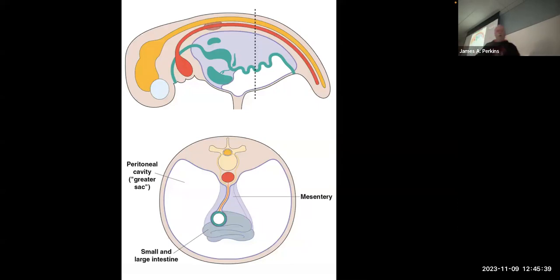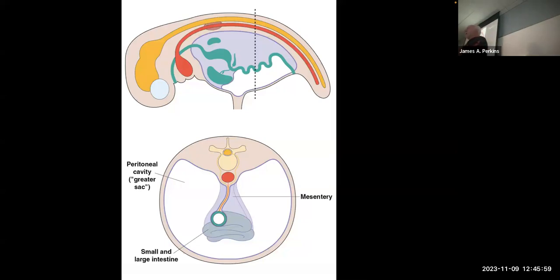In fact, anchoring all of the organs of the gut to the posterior abdominal wall. And the nerve and blood supply to those different organs is traveling through that posterior mesentery in order to supply blood and nerve supply to those organs.